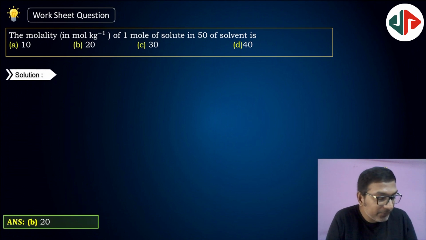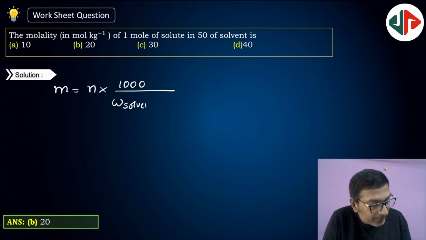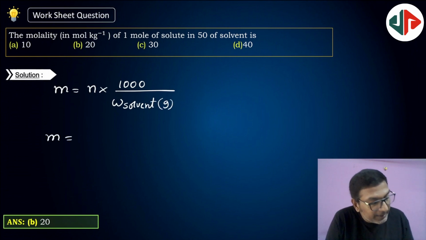Molality of 1 mole of solute in 50 grams of solvent is? So molality is number of moles into 1000 by weight of solvent in grams. Therefore m equals, so n is number of moles of solute, 1 mole is given, 1 into 1000 by weight of solvent in grams.